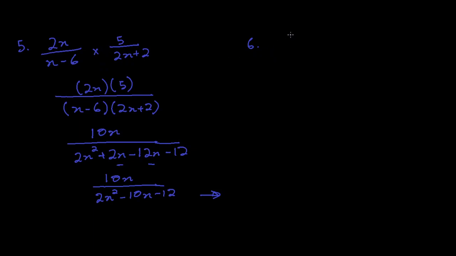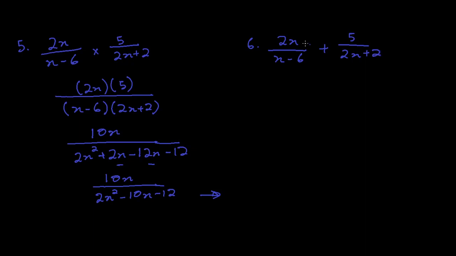Okay, so we're going to take the 2x as it is, put a division line there. So it's x minus 6 plus 5 into 2x plus 2.